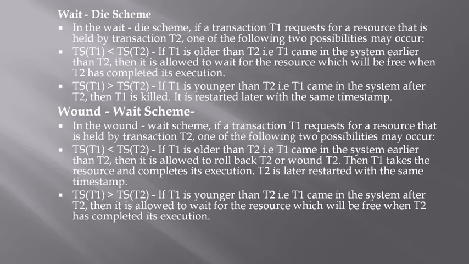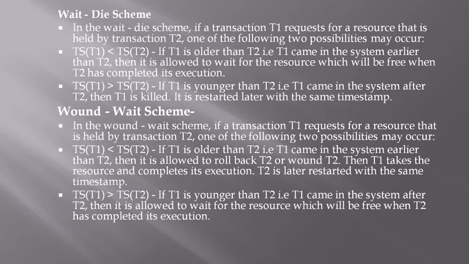That is the first condition. Second one, if T1 is greater than T2, that is, T1 is younger than T2. T1 entered into the system after T2 entered, so T1 is killed. That is, you cannot come into the system now because it creates a deadlock, so I have to kill your transaction.